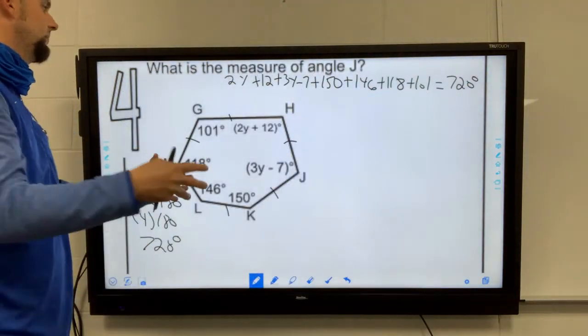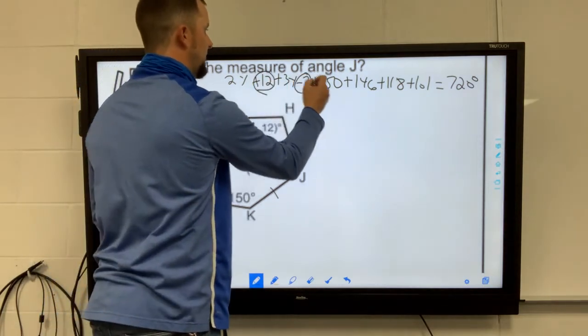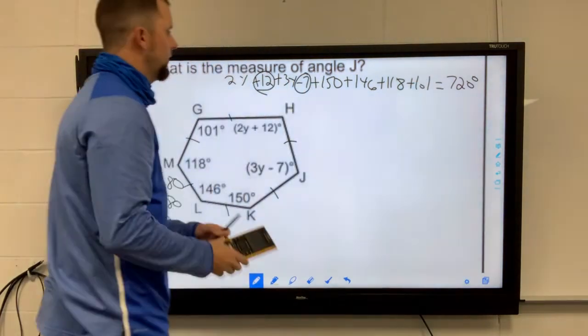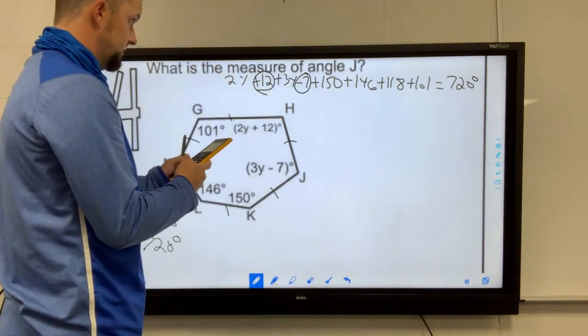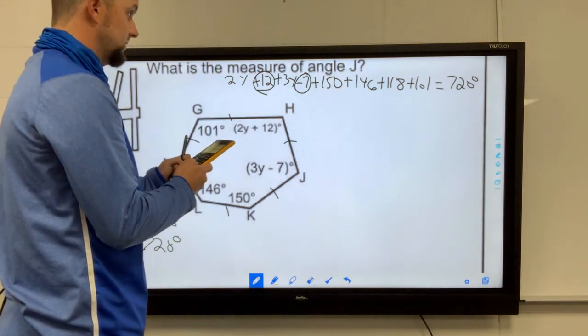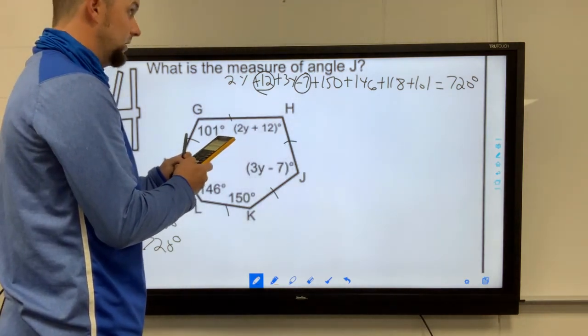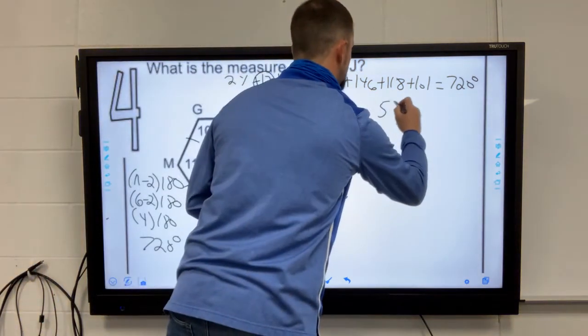Okay, so I'm just going to combine all my like terms. So I'm going to do 12, negative 7, and then add all these whole numbers together. So 12 minus 7 plus 150 plus 146 plus 118 plus 101. And all that's going to add up to 520.